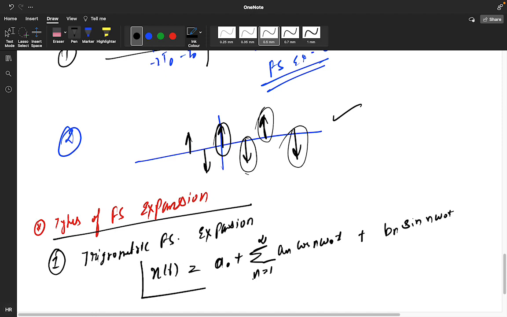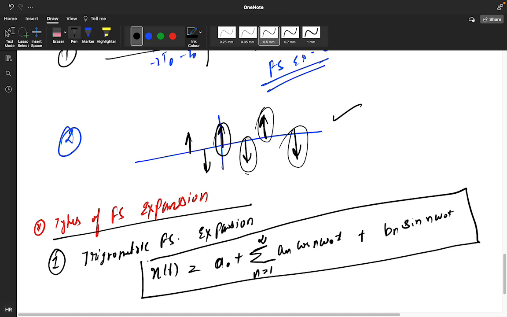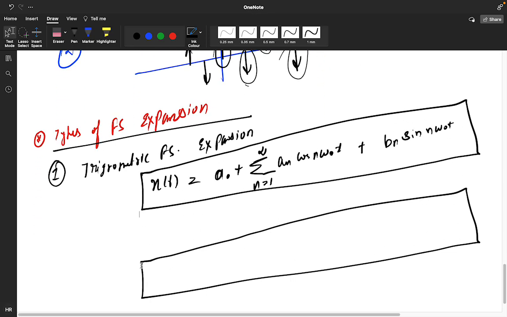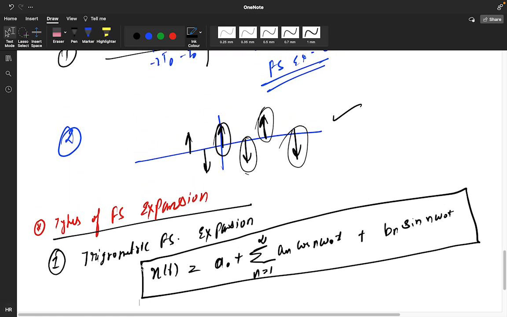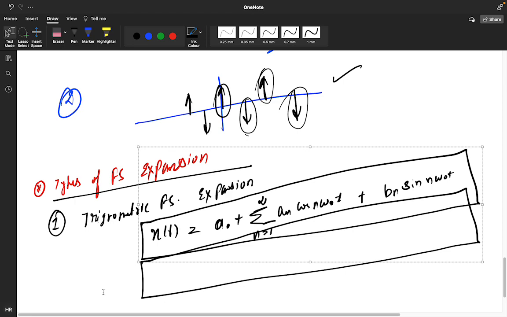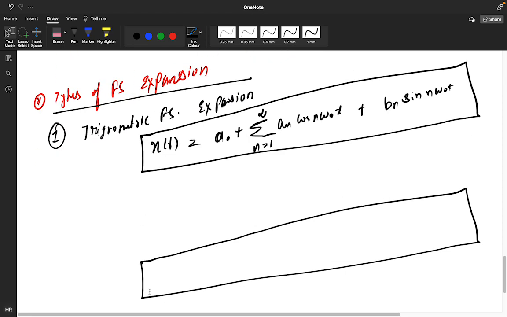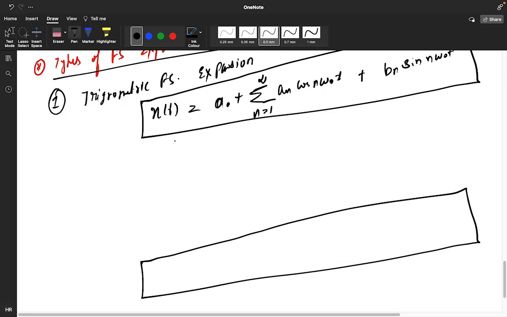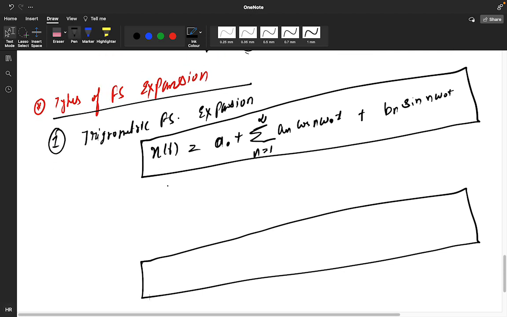So this is one expression of the Fourier series expansion. Now, what do you mean by a naught value?